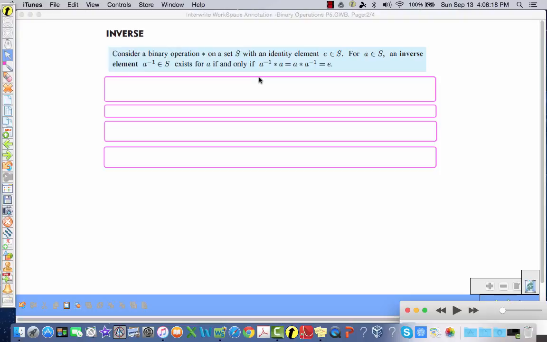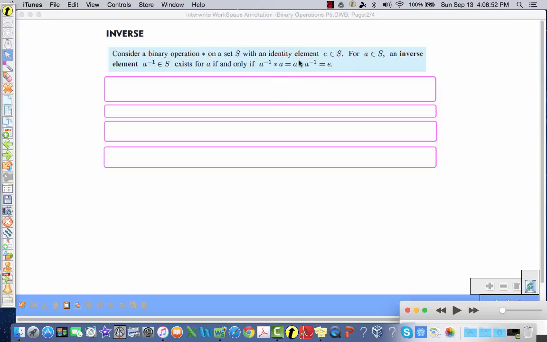And this is really very, very simple. With all these equal signs, it may look a little bit complicated, but all we're saying is you perform the binary operation on the element and its inverse, and then you use the commutative property and do the same thing, the element with its inverse, and that has to be equal to the identity element.